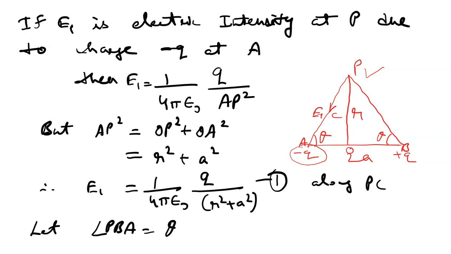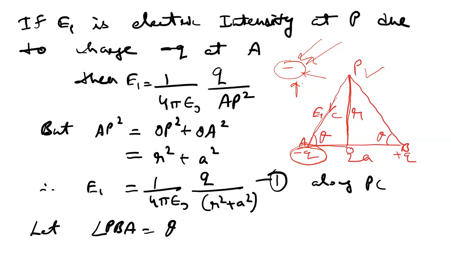The direction is towards the minus charge, because for negative charges the lines of force are always inwards. But AP square equals OP square plus OA square, from the triangle.